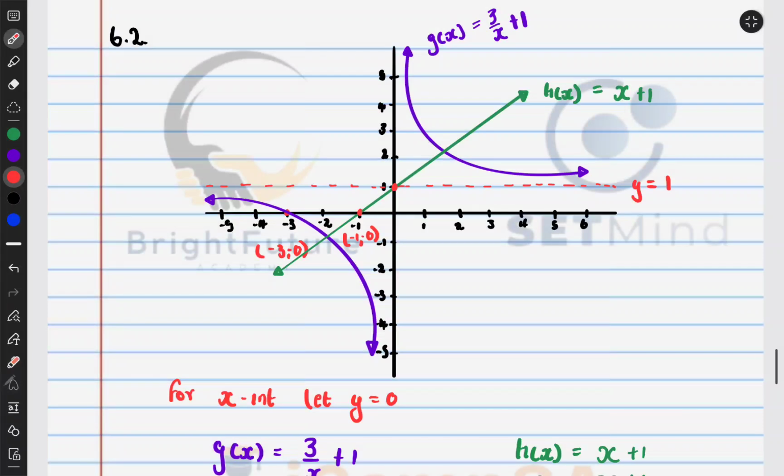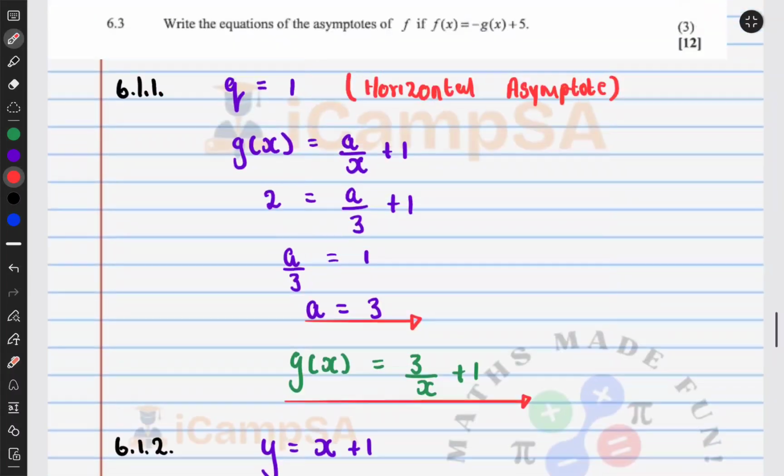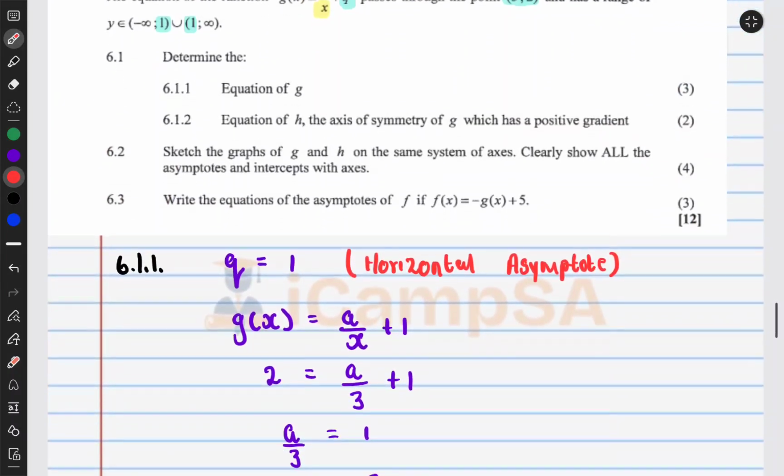And that is how those two functions are going to come out. This is 6.2. And then let's go to 6.3.